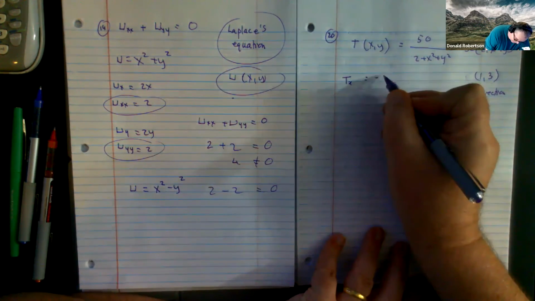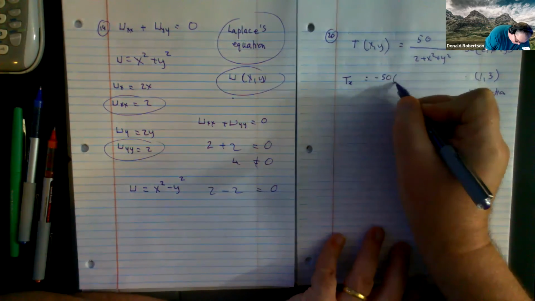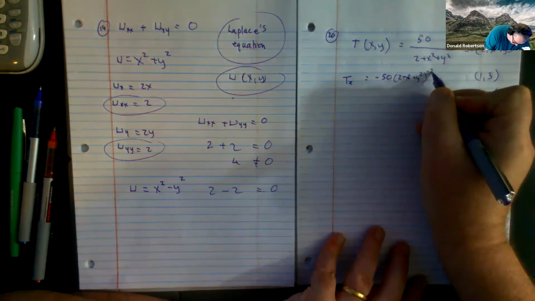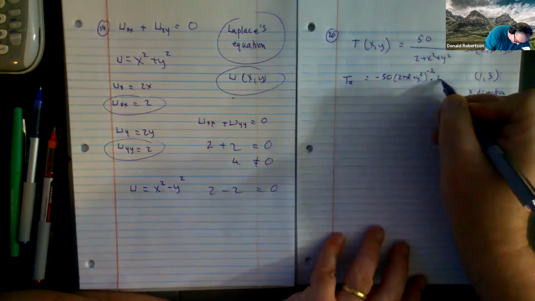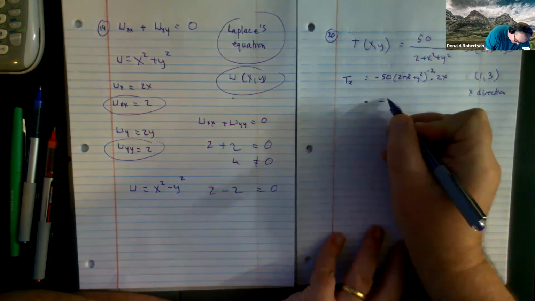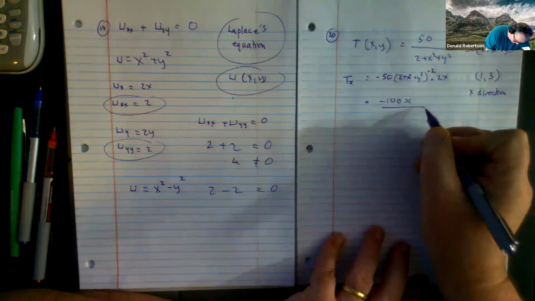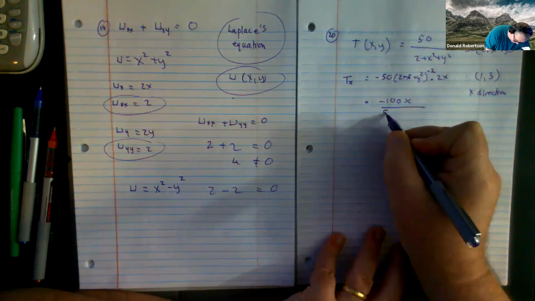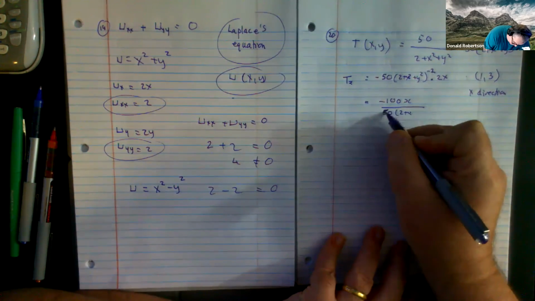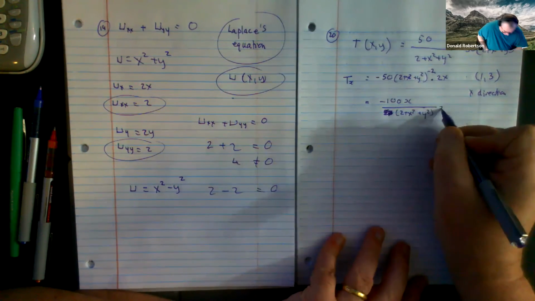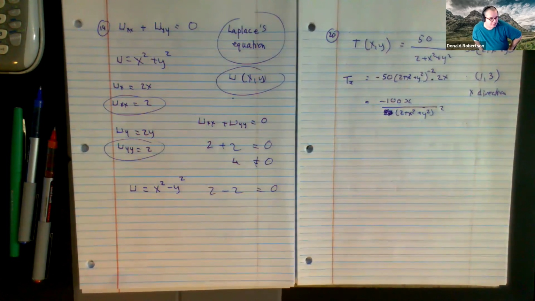So multiply by the power, reduce the power by 1, then differentiate what's inside with respect to x, and then make it look pretty. Are you comfortable about that as being the answer? It came out pretty quickly.